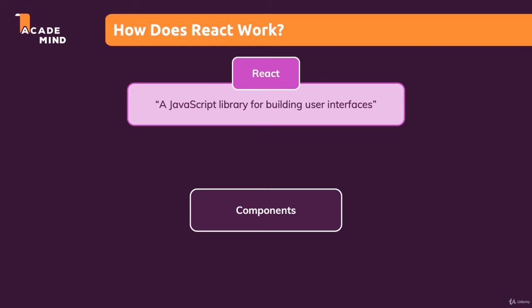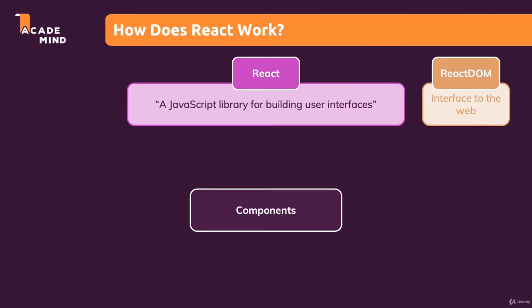There's one important note. We also saw this React DOM thing. And in the end, React DOM is your interface to the web. React itself, React.js, does not know the web. It knows nothing about the browser in the end. React knows how to work with components, but it doesn't care whether those components contain HTML elements or if they contain totally fictional elements.